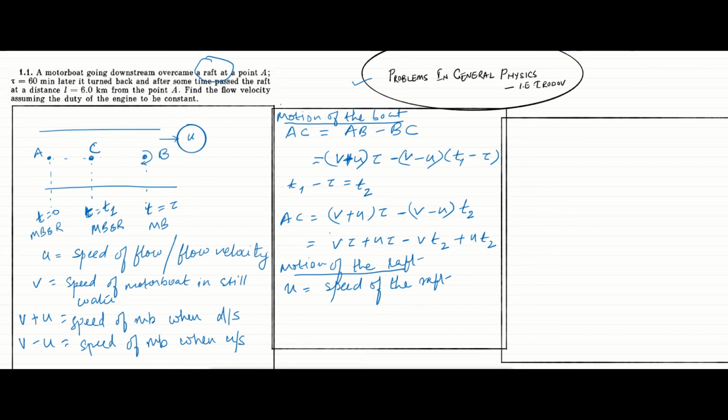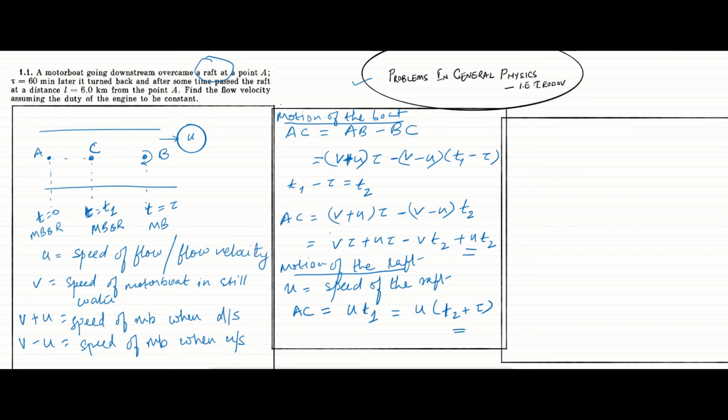So AC, which is the distance moved by the raft, is equal to speed of the raft multiplied by t1. Now t1 we know is t2 plus tau. Now we have two equations in AC. One is this and the other is this.